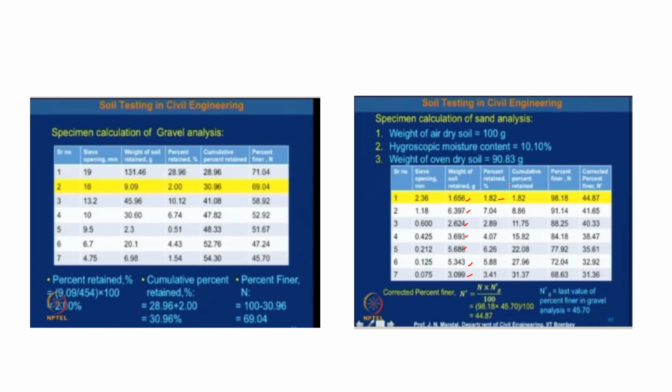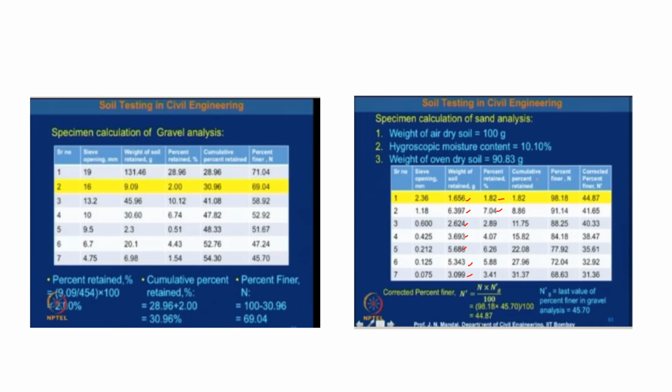So 1.656 divided by 90.83 gives 1.82 percent retained. Similarly, 6.397 divided by 90.83 gives 7.04. So you find the percentage retained.